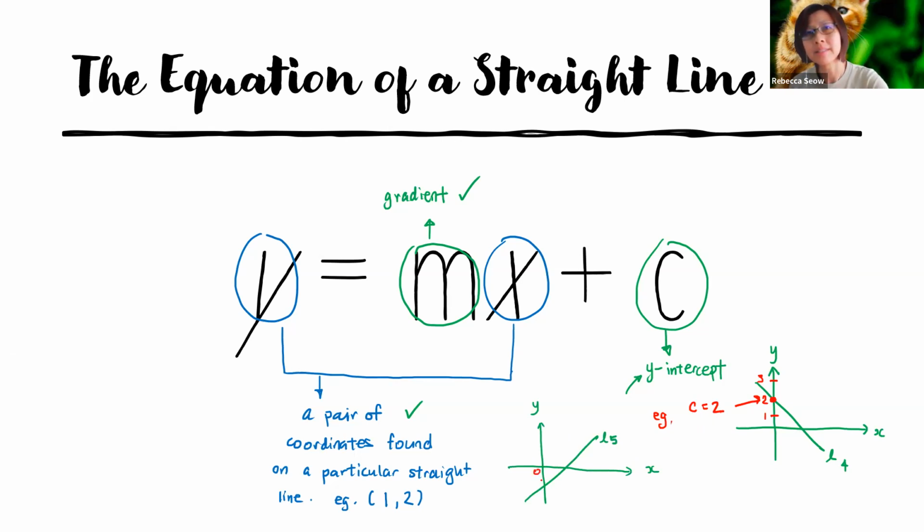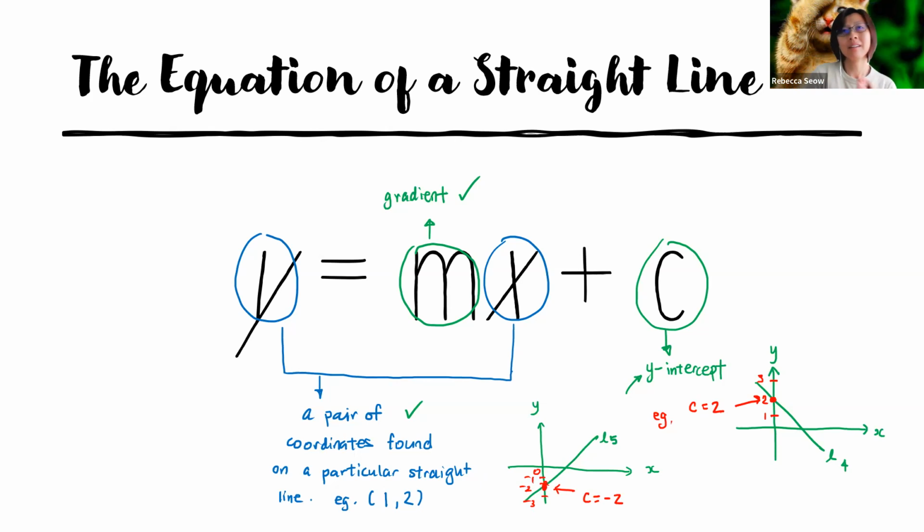Okay, this is my 0, this is my -1, and I have my -2, -3. We can see that L5 crosses the y-axis at this point. So we can say that the y-intercept is -2, or that C equals -2.